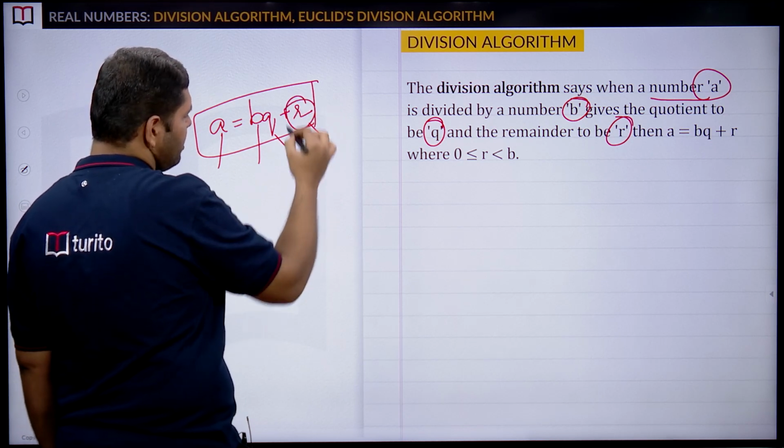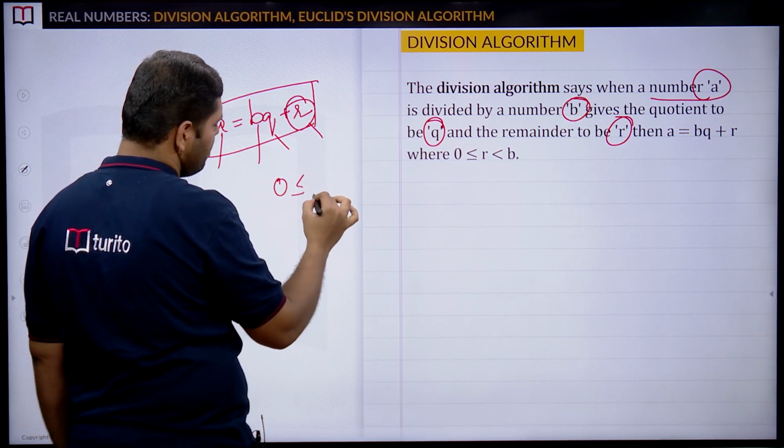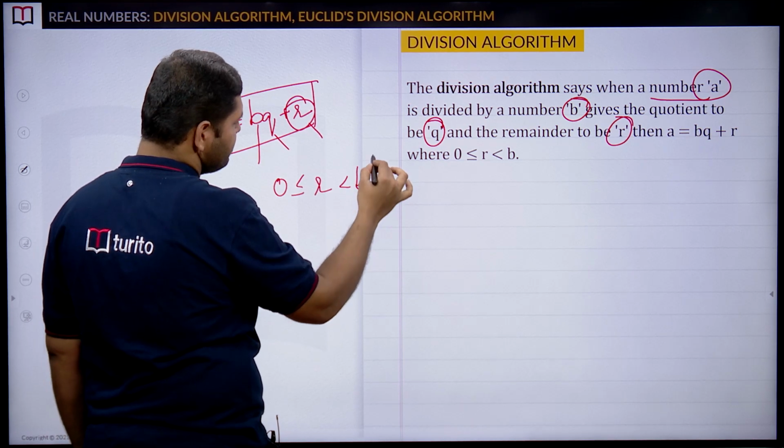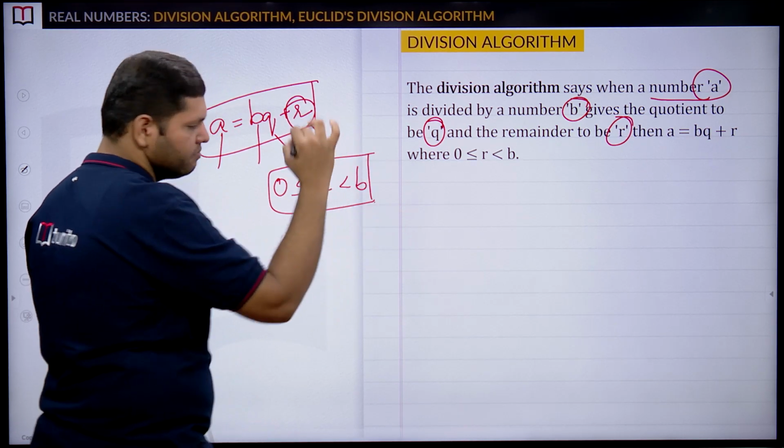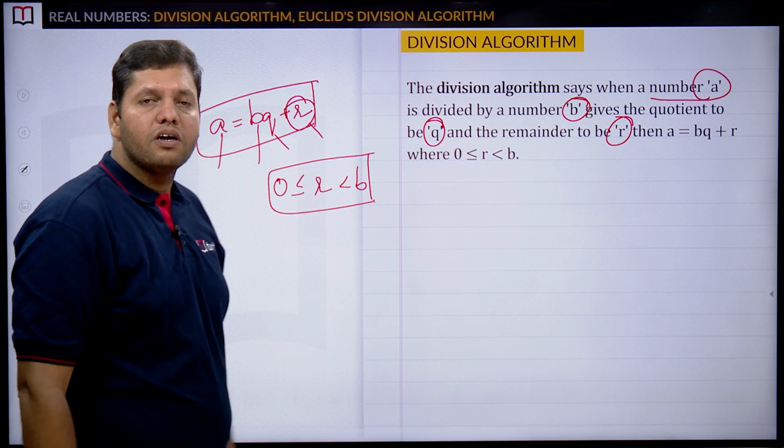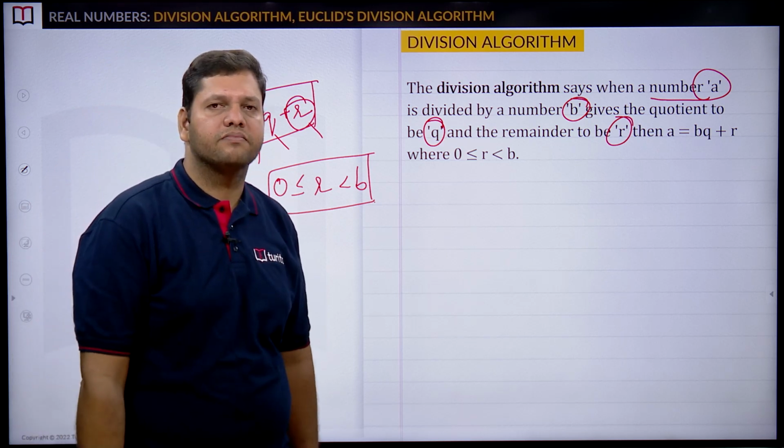And children, remember here R is always greater than or equal to 0 and less than the divisor. So that is the division algorithm. Clear, children?